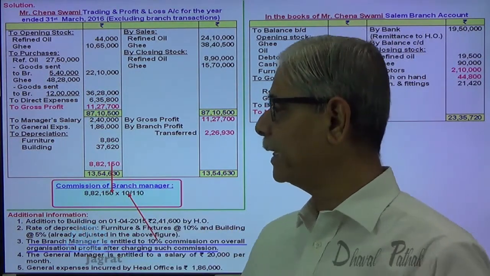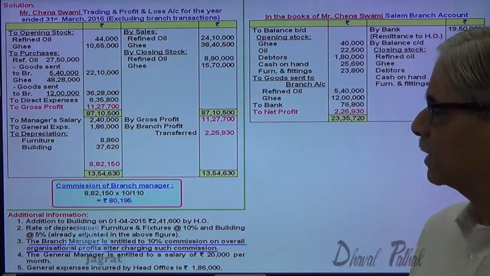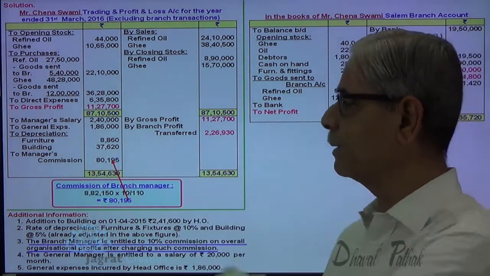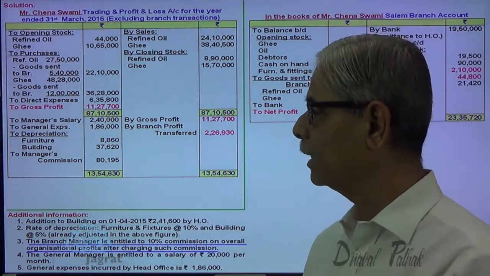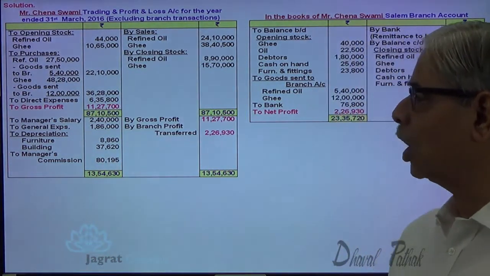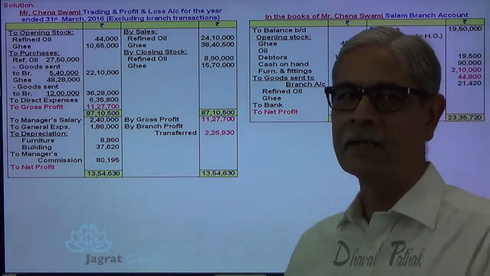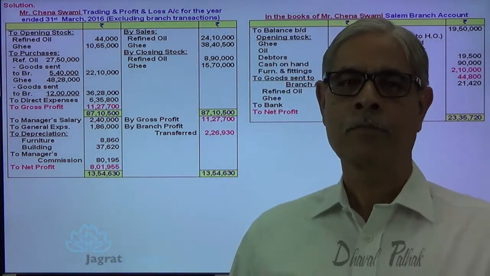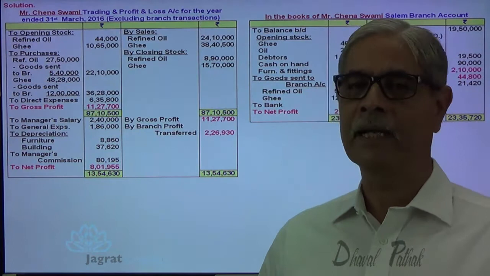How much for 8,82,150? So it works out to be 80,195. So 80,195 is the manager's commission. Balance profit will be added to the capital or will appear in the balance sheet liabilities under the title of reserves and surplus, 8,01,955.